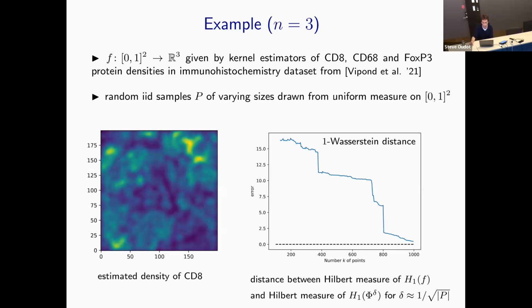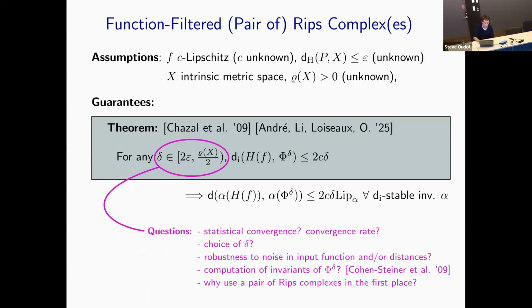So what we show is the evolution of the interleaving distance between the ground truth, which is the persistent homology of that function, and our estimator. As you can see, as the number of points that we sample from the square increases, the distance decreases, and it seems to be slowly but surely converging to 0.